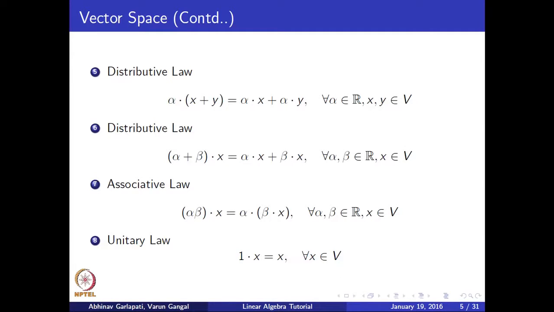The associative law for scalars says that if you first multiply two scalars and then multiply the vector with them, that should be equal to multiplying it first with the second scalar beta and then with alpha. The unitary law says that on multiplication by the scalar real number 1, you get back the same vector. This is important because you don't want multiplication to cause any unexpected scaling. If you multiply by the scalar k, then the vector should be exactly k times. It shouldn't be, say, root k.